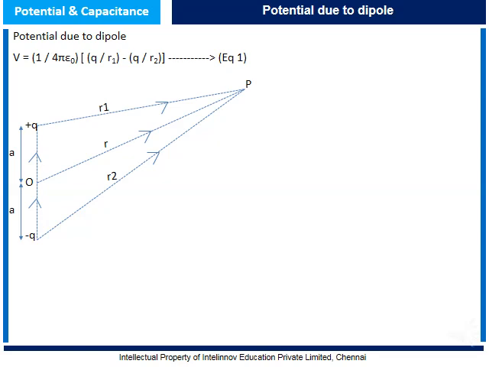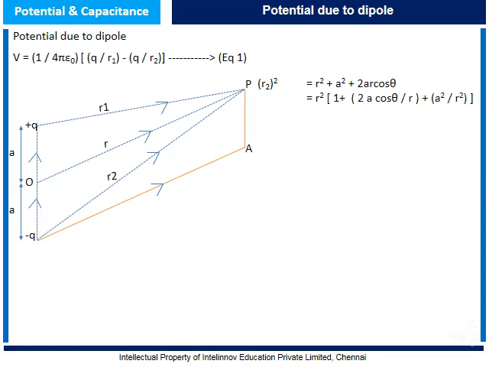From the given diagram, we know that R2 square is equal to R square plus A square plus 2AR cos theta. This is derived using the parallelogram law. On rewriting, we get R square into 1 plus 2a cos theta by R plus A square by R square.